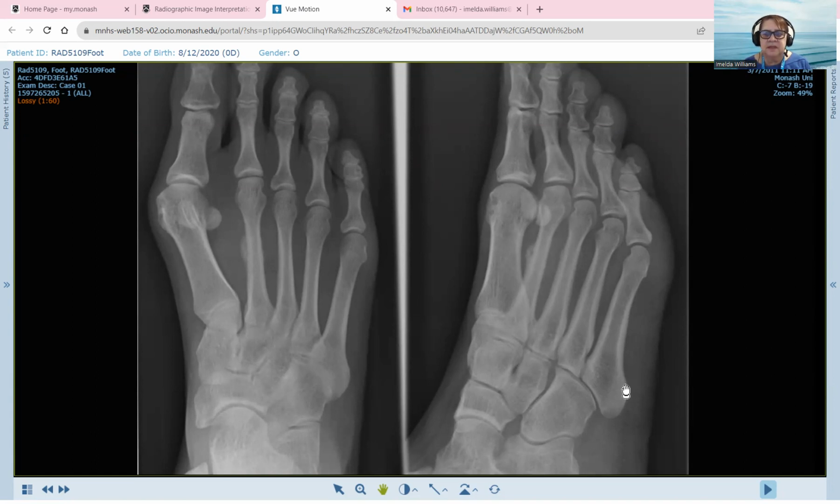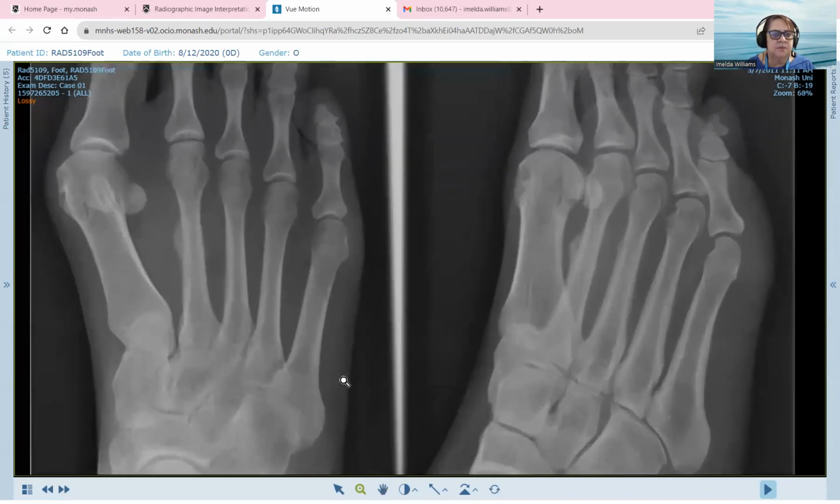So the first case that I gave you is that of a patient who was referred with pain over the second and third metatarsal. If we look at the software, we are able to see on the second metatarsal, and I'm just going to zoom in a little bit more, that there is some fluffiness around it, which indicates that there is a healing fracture taking place.